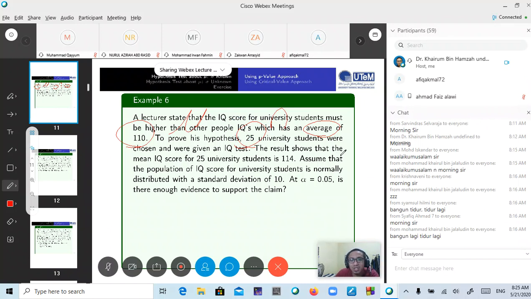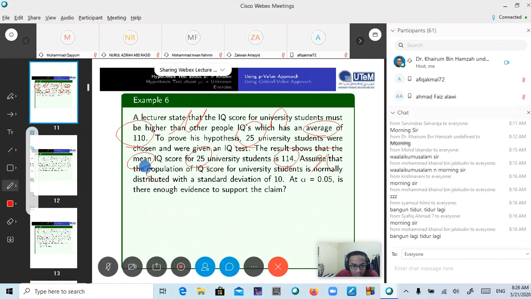So this is your n. The result shows that the mean IQ score for the 25 university students is 114. Okay, so this 114 is your X bar because it is the mean of the sample.